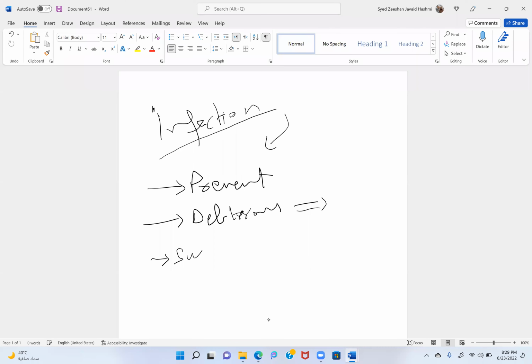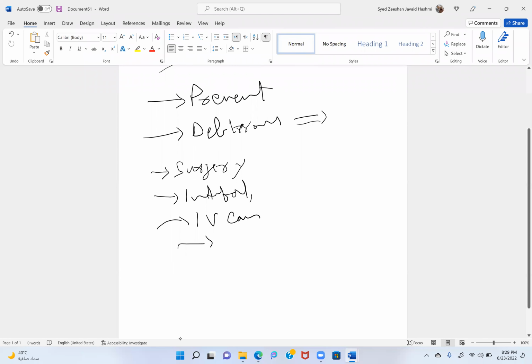In addition to the surgery, there are a number of procedures which the anesthetist is doing, like intubation, IV cannulation, and all other procedures, like regional blocks, spinal, epidural, and everything.